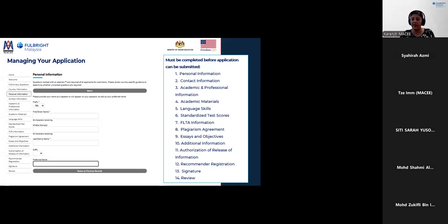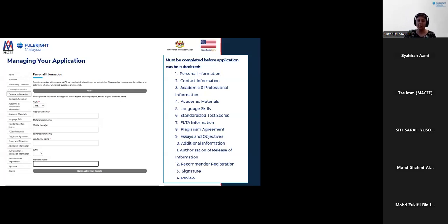Now, please take note that plagiarism is taken very strictly in all the Fulbright programs. So you will be considered ineligible for the program if any part of your Fulbright application is found to have been plagiarized.